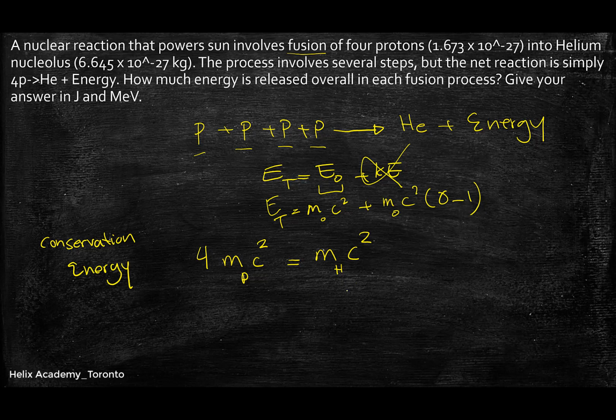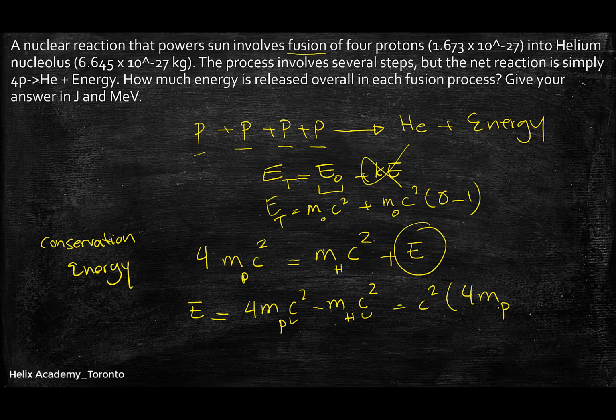Now, all we need to do is add the energy that's being released, and that's what we're looking to find in this case. I can rearrange this equation so the energy we're looking for equals 4 times mp c squared minus the mass of the helium c squared. Now I can take out the c squared as a common factor, so I'm left with 4 times the mass of the proton minus the mass of the helium.